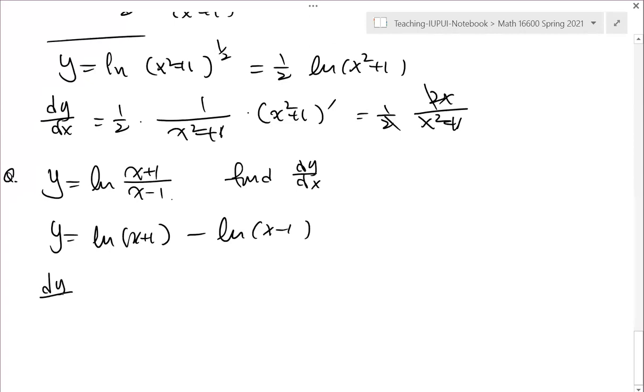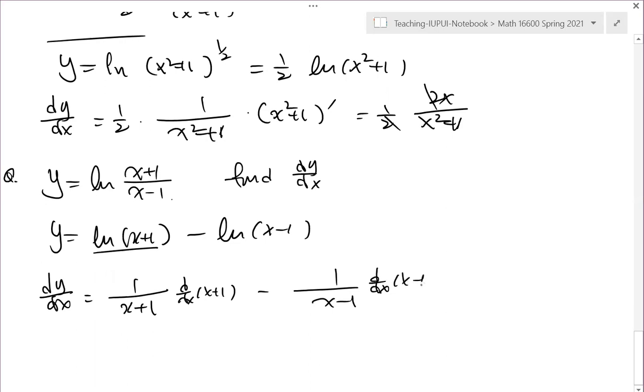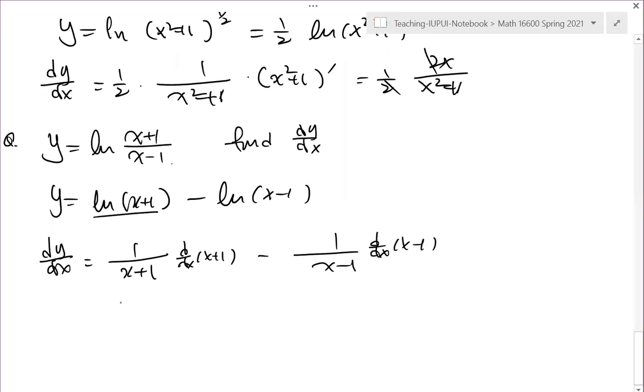Then you differentiate each of them. For this one you get 1 over x plus 1 times the derivative of x plus 1, that's easy. And then another one is 1 over x minus 1 times the derivative of x minus 1, which is just 1. And here's 1 over x. So that's it. This is the answer.